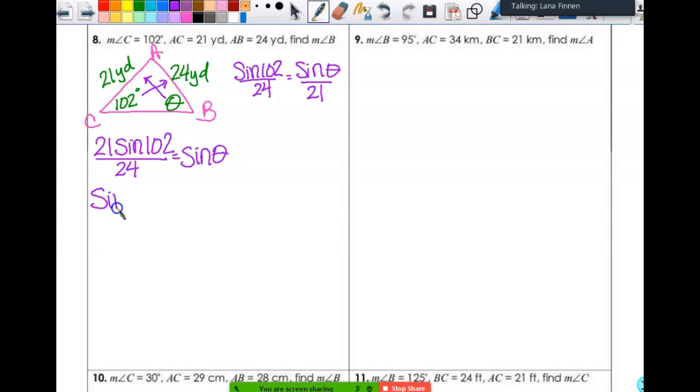Then I take the sine inverse. That equals theta. And then that's when I can move to the calculator. So go ahead and find your two possibilities here.